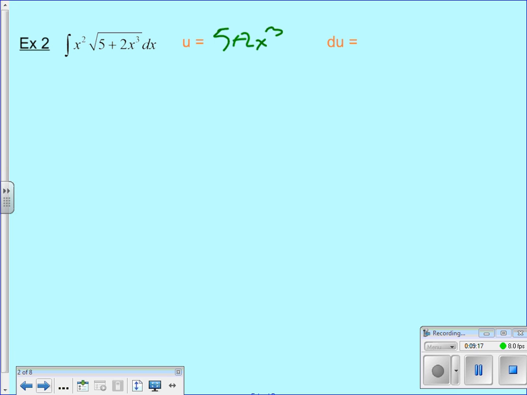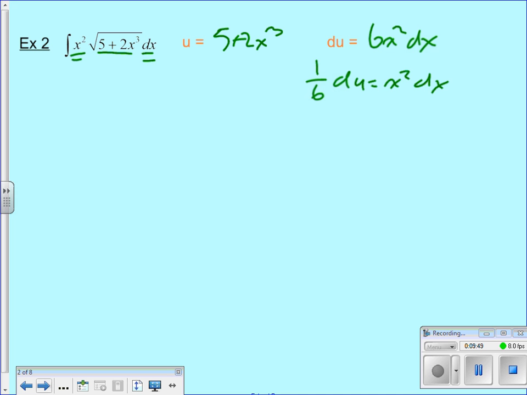Get du. Take the derivative of 5 plus 2x cubed. You get 6x squared dx. Do I have a 6x squared? No, but I have an x squared. Divide both sides by 6 or multiply both sides by 1/6. 1/6 du is equal to x squared dx. I can now replace this, and I can replace that.